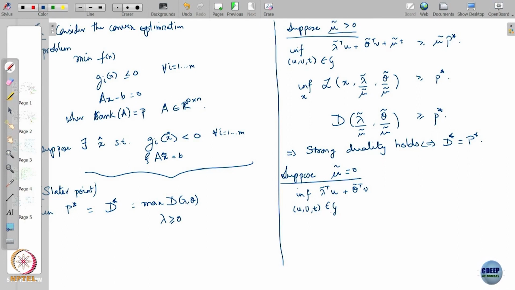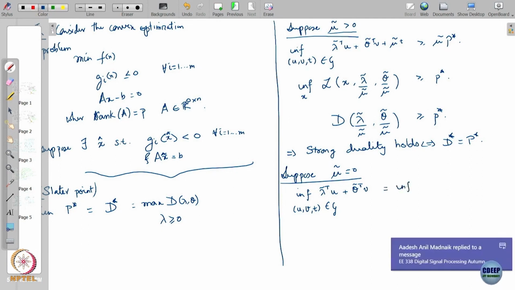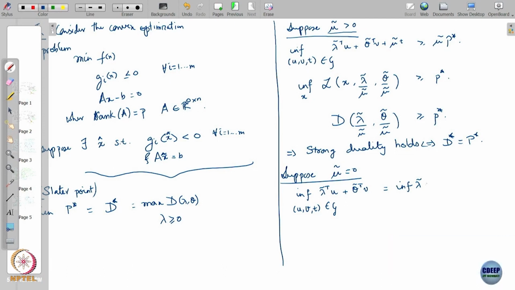Now, here I can again, since lambda tilde is greater than or equal to 0 and v should be equal to Ax minus b because of (u, v, t) belonging to G, this in fact can be written in this way: infimum of lambda tilde times this itself.